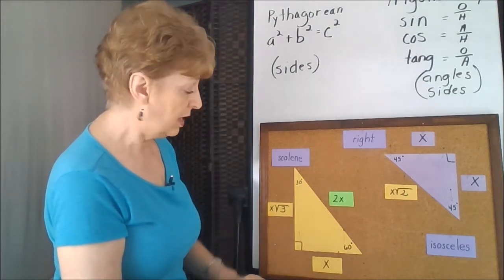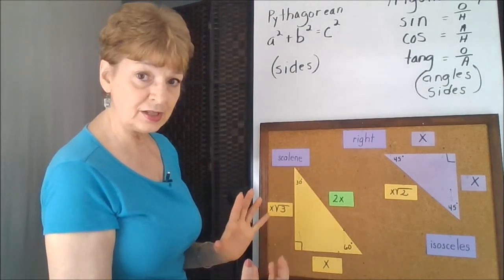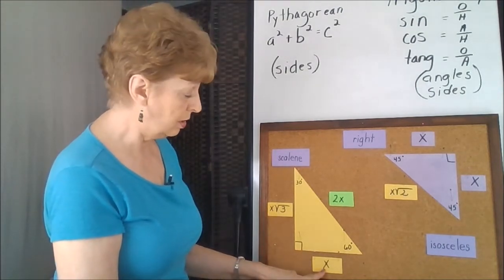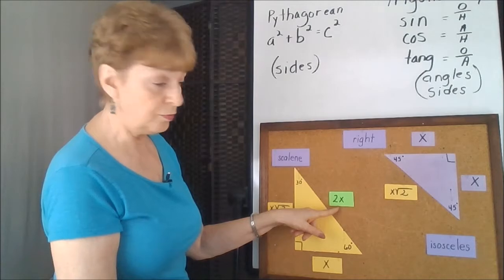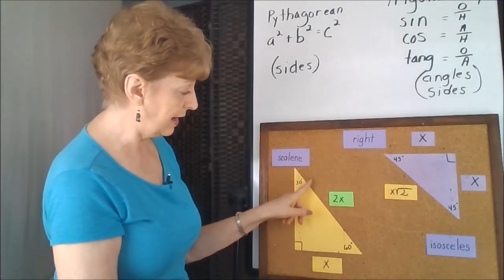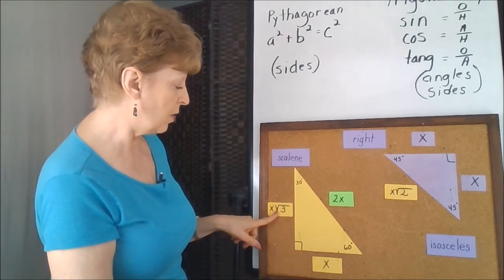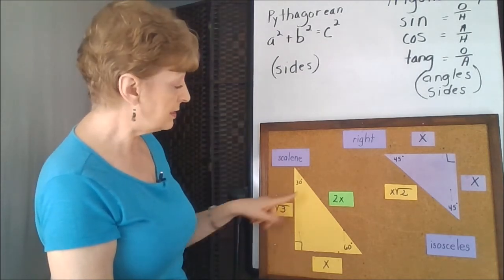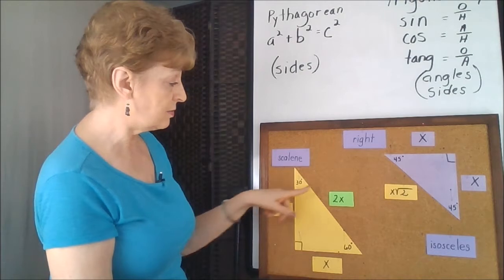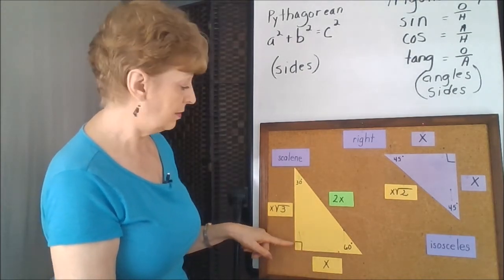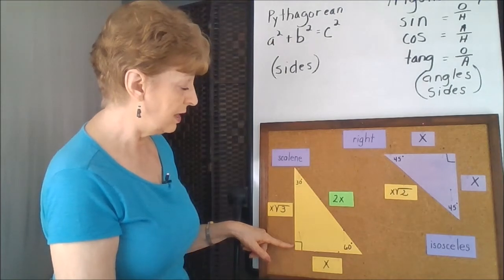So this particular ratio of knowing your x value, doubling it for the longest side, and then having this x square root 3, this always is in this ratio for a 30, 60, 90 triangle.